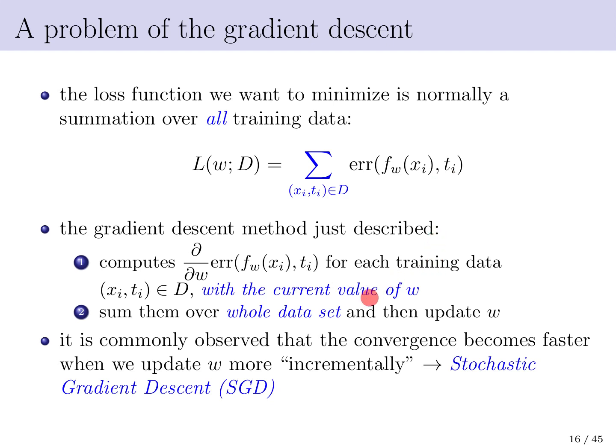So the problem I'm talking about here is that D may be huge, right? Taking the sum over the whole data set, or computing the derivative of the error function for all the data in the data set, takes time. This is the problem.